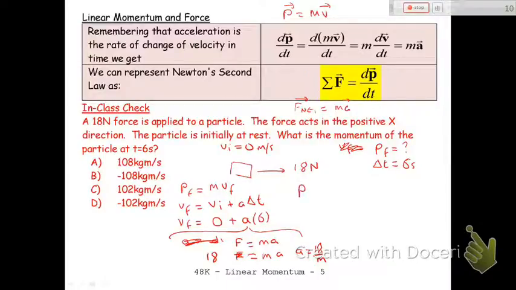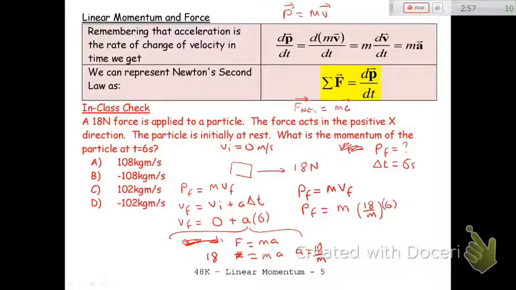And I can say that means my P final is equal to m times my V final. So my P final is equal to m times A, which is 18 over m, times 6.